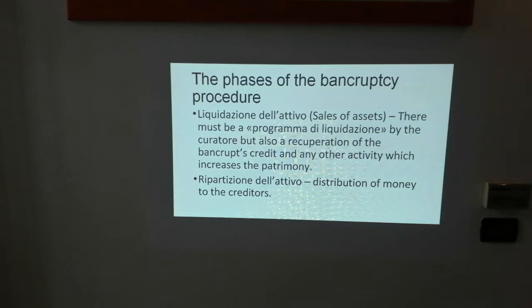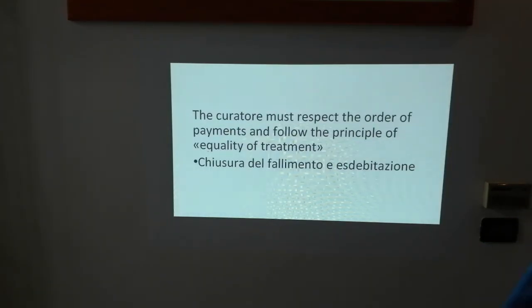And then you've got the ripartizione dell'attivo, where the money is distributed to the creditors. So we're going to remember, the money must respect the order of payments according to the law. The Codice Civile decides, and there will be privileged classifications.